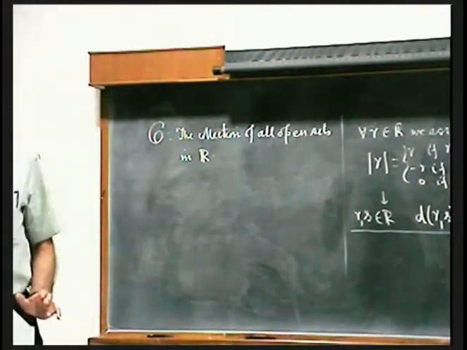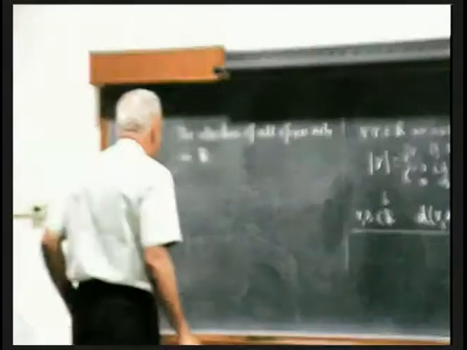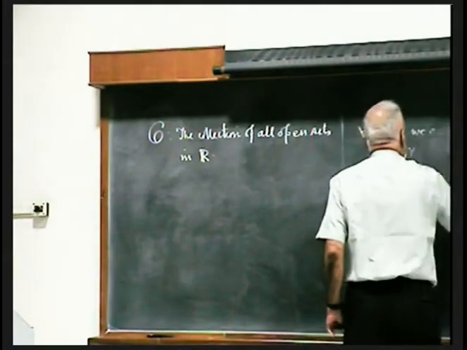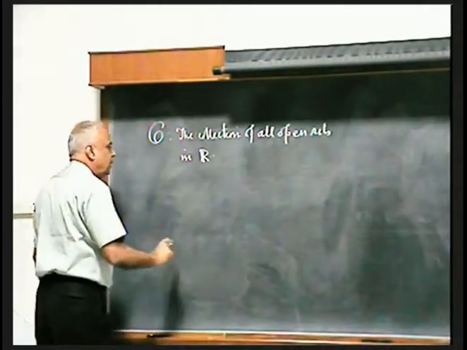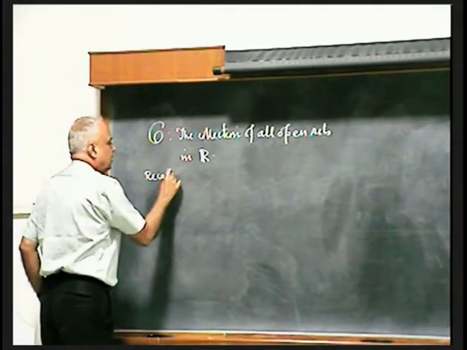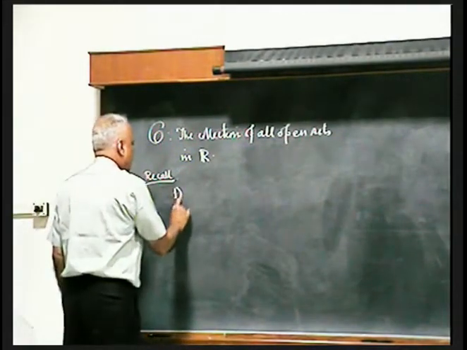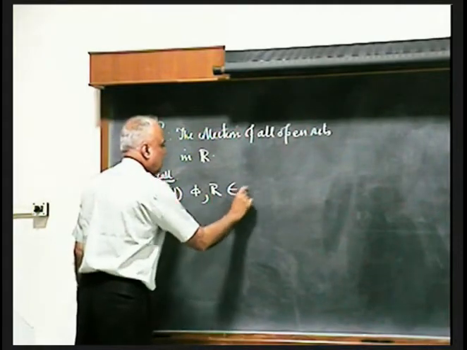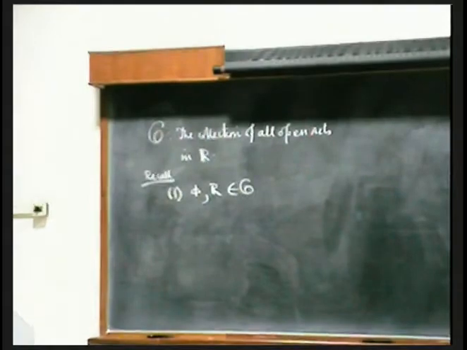We will be looking at several collections of sets in the real line with various characterizations which bring out many things, and there will always be some things connecting with the various types of sets. Recall again, we had the following properties of the open sets, namely that the empty set and the real line are both open sets.